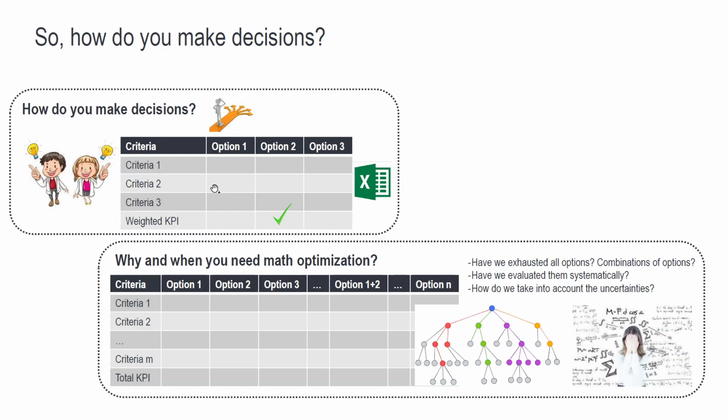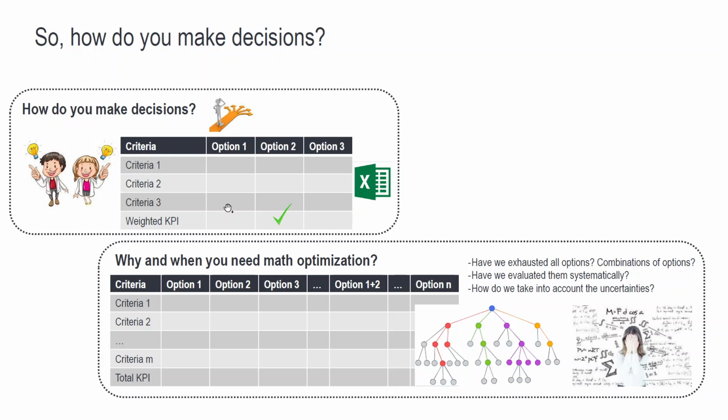Then we evaluate option one against criteria one, and it scores, I don't know, 10, maybe 15 or something. And option two has some numbers on criteria one. And the same thing goes for option three. So we can fill in this table in such a way that the criteria differentiate all of these options, plus and minus.